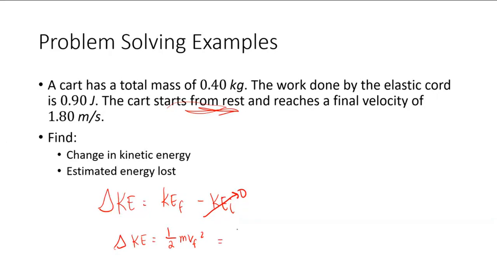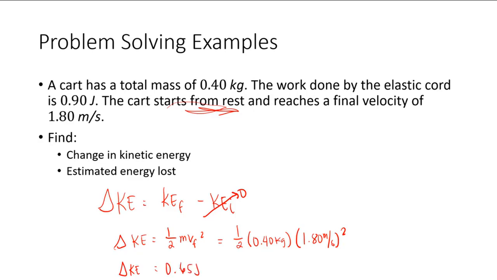Okay, so you can calculate that 1/2 multiplied by the mass of the cart, 0.40 kilograms, multiplied by the velocity squared, 1.80 meters per second squared. So what would be our change in kinetic energy? Francisco. 0.65 joules, po.